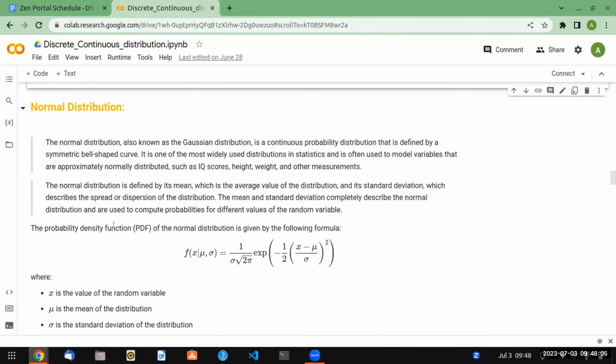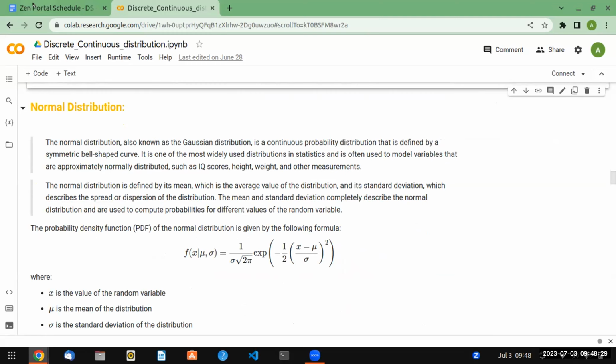Sir, one question: prior to this, you have told about many distributions like geometric and binomial. Those are valid only for discrete? Correct. If you see there, we have not used any continuous data, only cards and rolling dice. Those are not continuous data, those are discrete data. But here, there are two types.